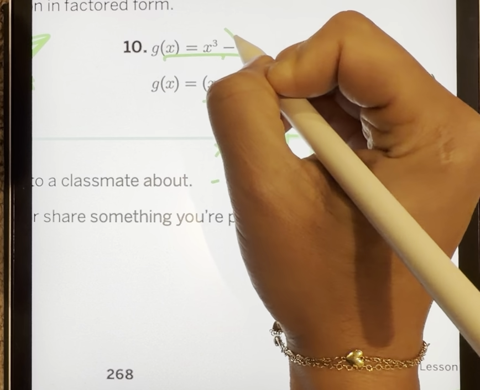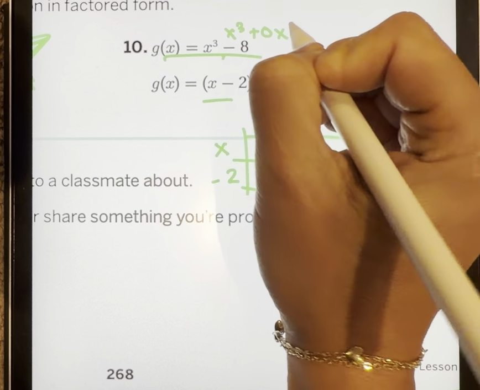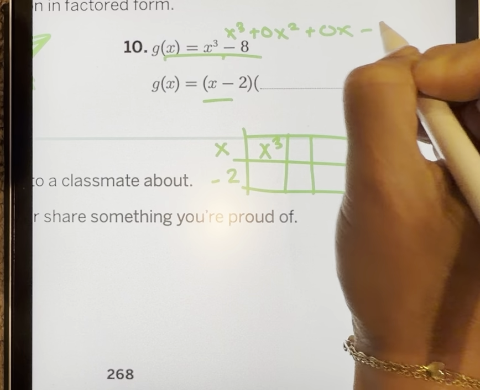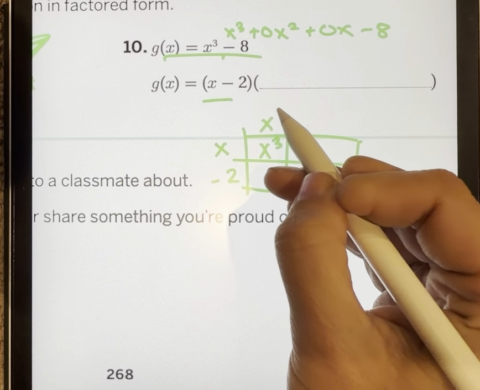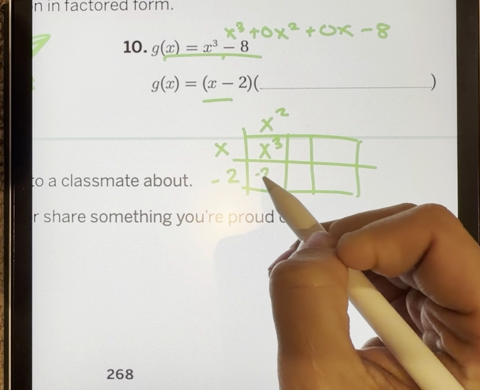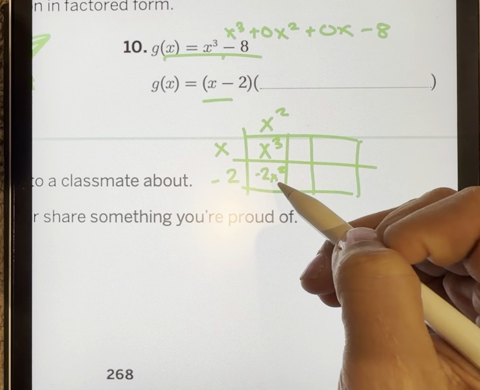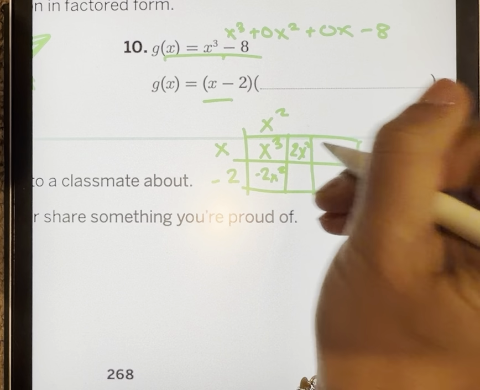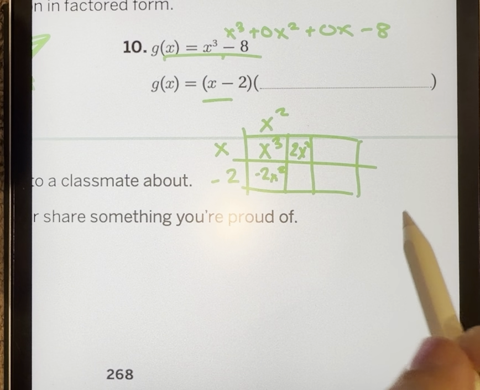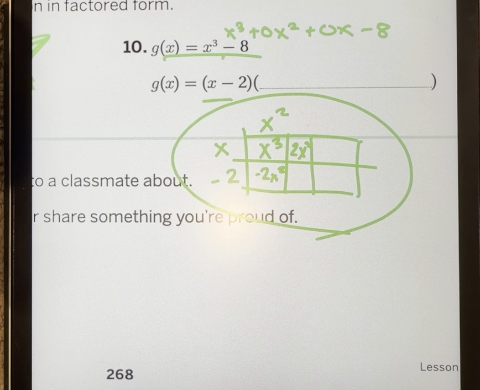And remember, this is x cubed plus 0x squared plus 0x minus 8, so that you can start doing the division. That's a negative 2x squared, but I need a 0x squared, so I must put my own 2x squared in there, and so on. And if you don't remember this, go back to the division videos, all right?